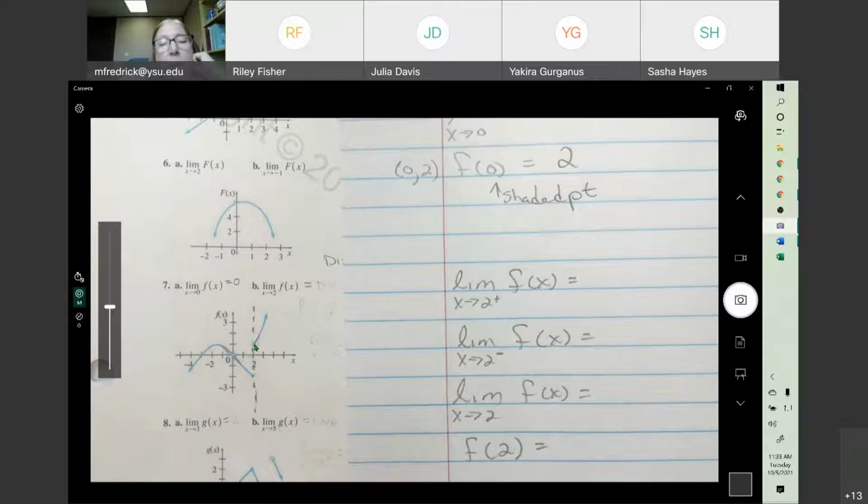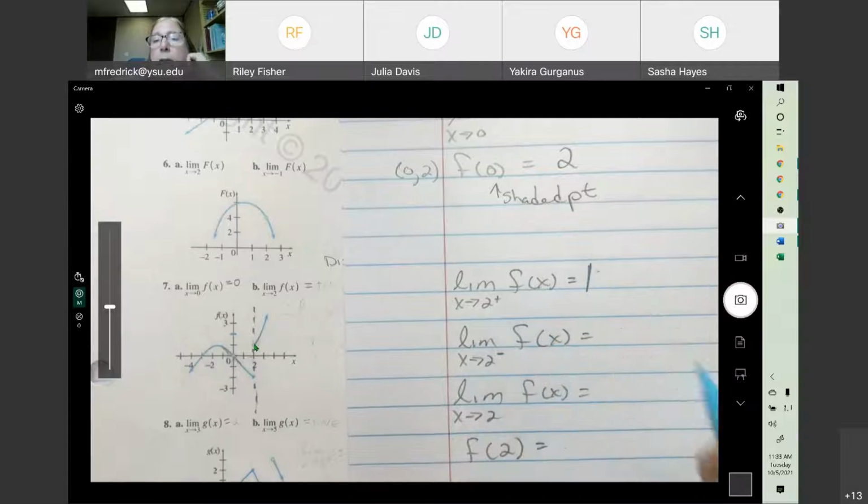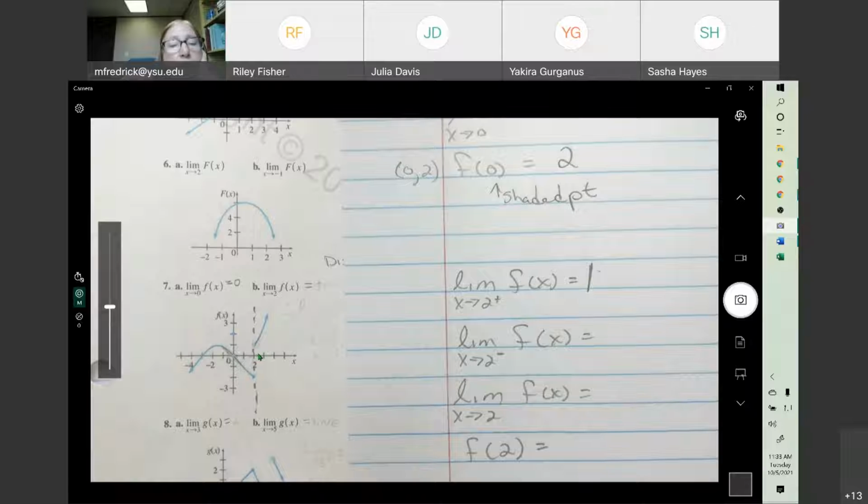We want the y value, 1. So we went to the right because of the plus on the 2. And our graph is up here. So as we're getting close to 2, y is getting close to 1. Any questions on that part?